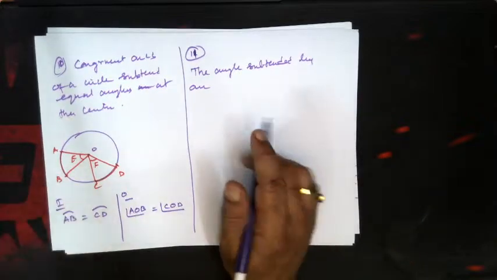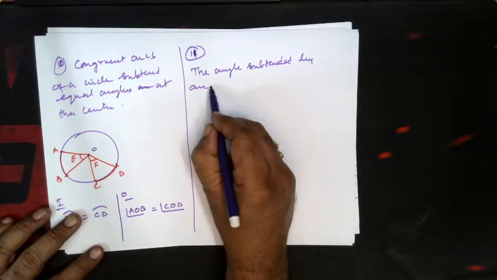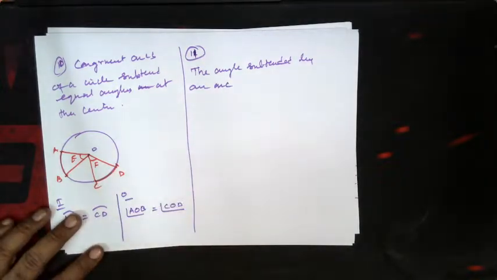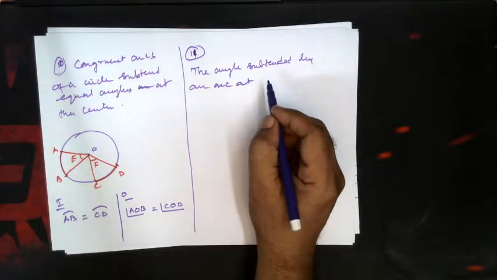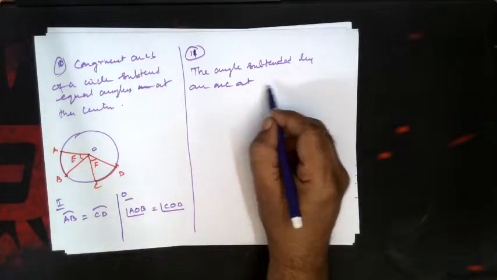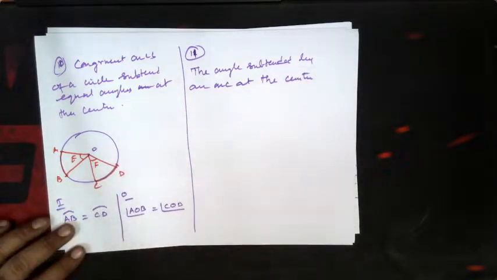Now, the angle subtended by an arc at the center. What is that?